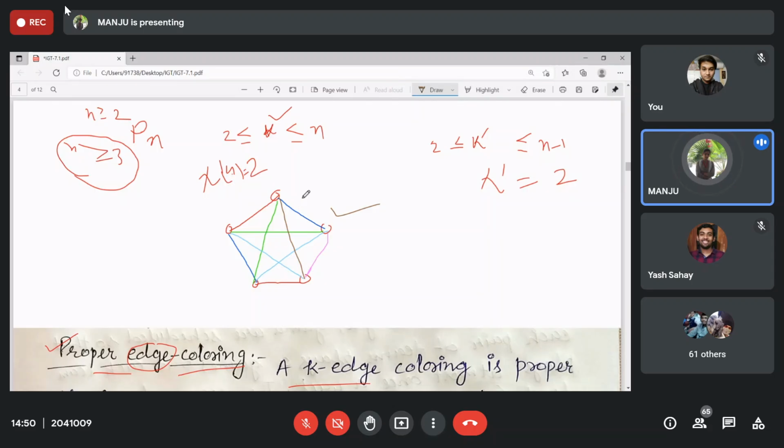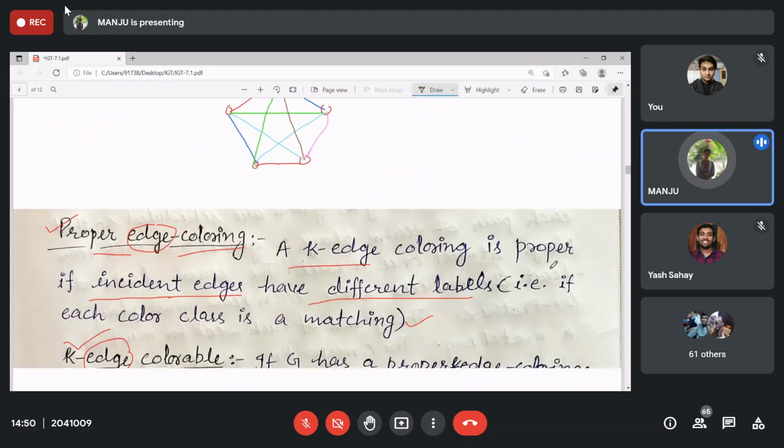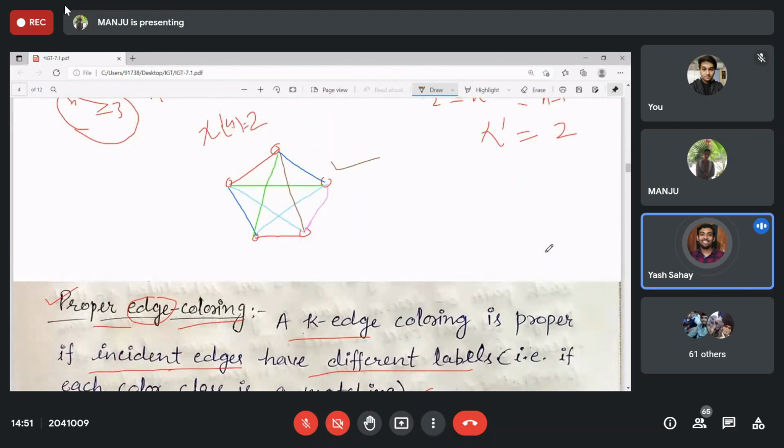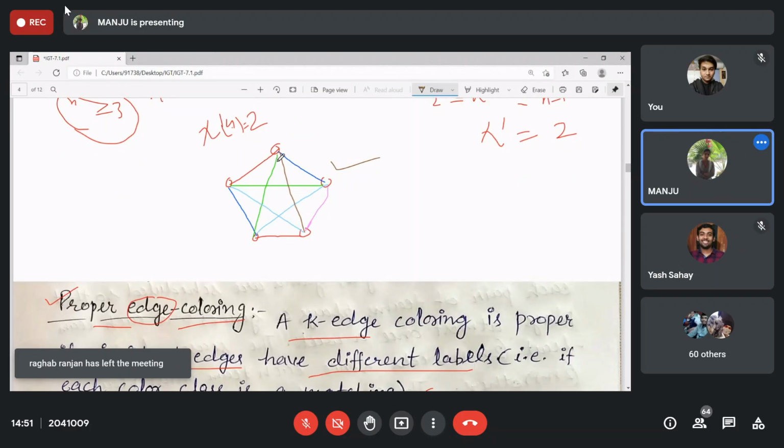We are using 6 colors. Minimum it needs to be 4 or 5. 5. Right? 4, ma'am. But in 4 we are not able to do that. Are you getting my point?